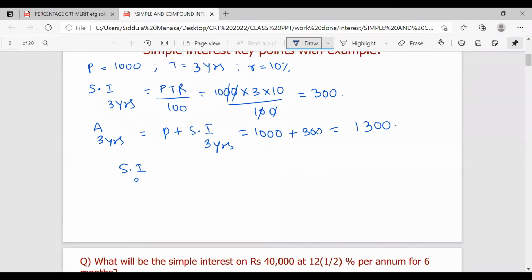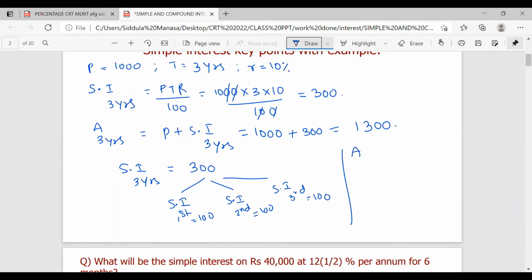What can we understand from this? Simple interest for the first year will be 100, for the second year also 100, and for the third year also 100.